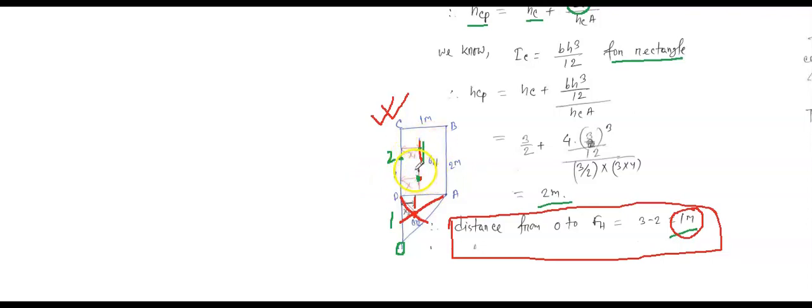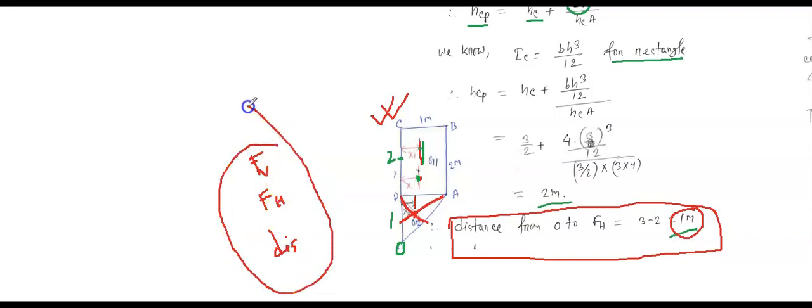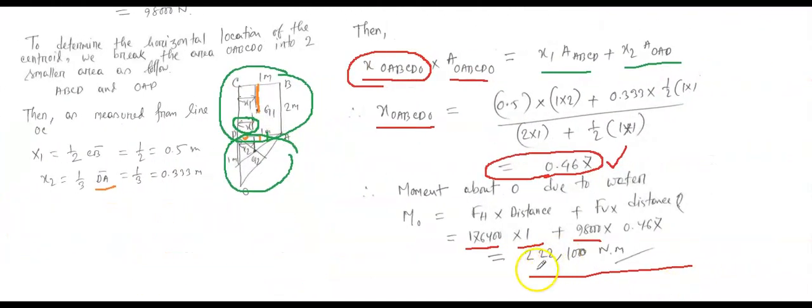We created two separate areas for this whole domain, and then we calculated the centroid of this rectangle, the centroid of this triangle, and the centroid for the whole body. And then we calculated the distance x. So once we know the vertical force, the horizontal force, and the distance, it is easy to calculate the moment, right? So that we actually did, and we got the final solution here. So this is the final solution.